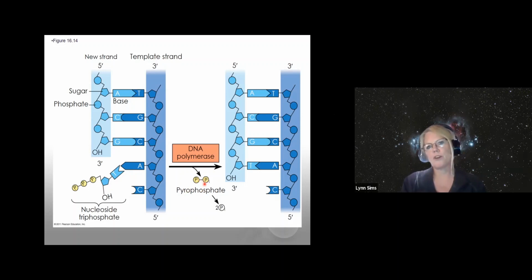And then those are going to be released as individual inorganic phosphates. And one phosphate will be maintained, and that'll make up the phosphate backbone of DNA. Then the next one would be attached, which would be a G, or a guanine. It would just keep going until it reached the end of the strand.